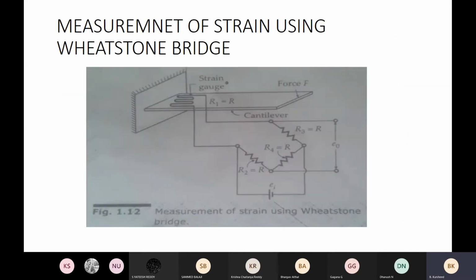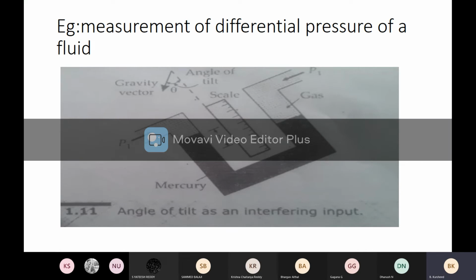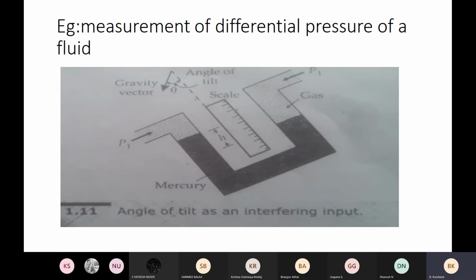Modified input for the manometer is, one, temperature. By increasing the temperature, there is a possibility to decrease the error H due to acceleration, angle of tilt, gravitational force and ambient temperature.